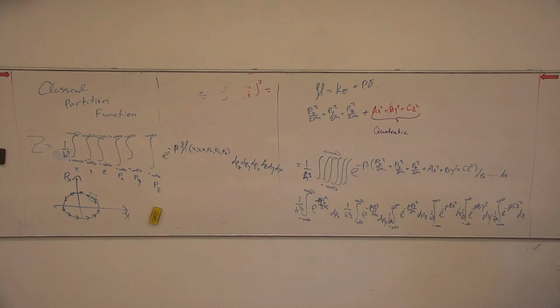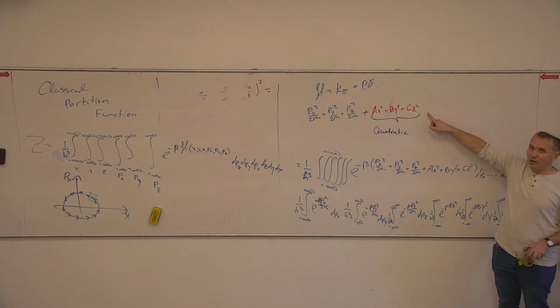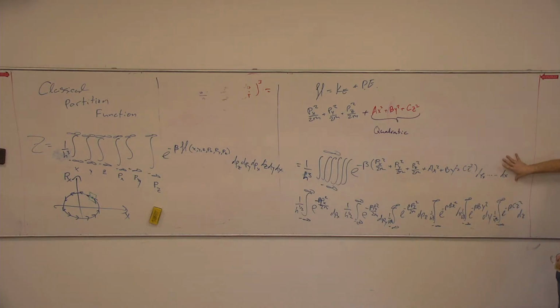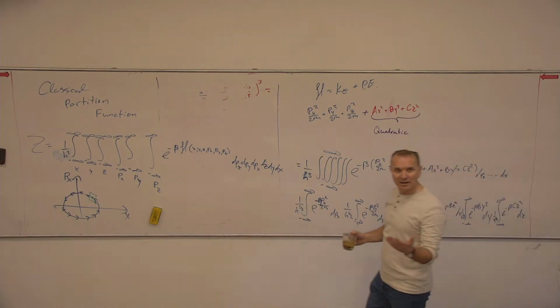Okay, so I have a multiplication, a sixfold integral. The moment that I wrote down this form as a quadratic form, this nasty integral is just a multiplication of 6 very nice integrals. Why are they nice integrals?